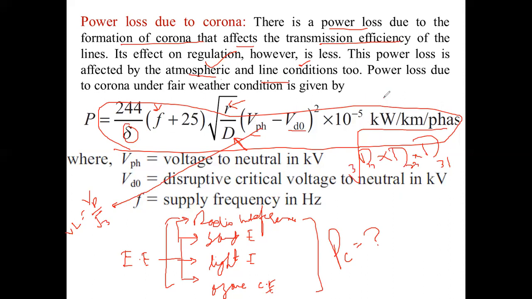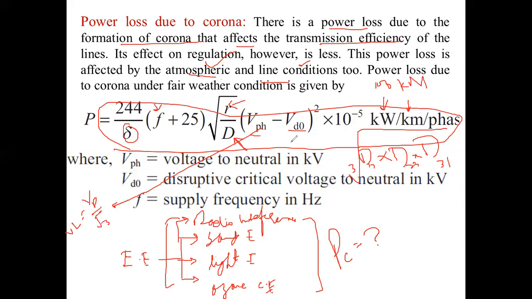These values will be in kilowatt per kilometer, meaning for 1 kilometer. If we have a transmission line of 100 kilometers and want to find the power loss throughout the line, we have to multiply this Pc with 100, because this value is for 1 kilometer.